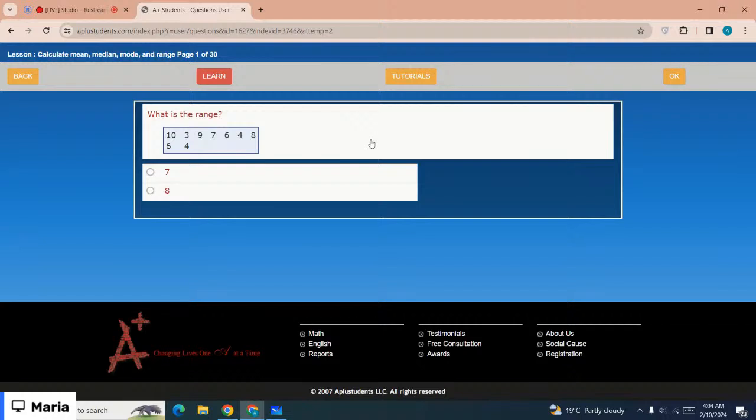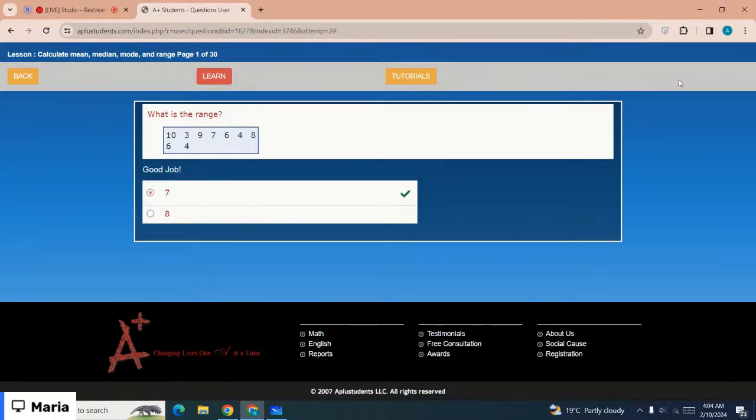Yes, the least one is 3, the greatest one is 10, so 10 minus 3 is 7. Basically, the range is the difference between the least and the greatest number in the given data. Got it?